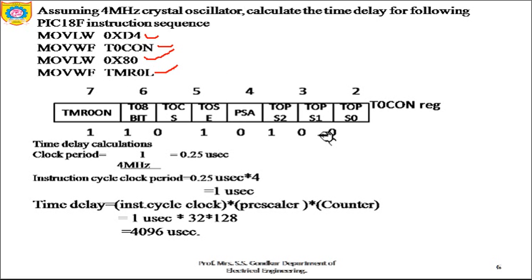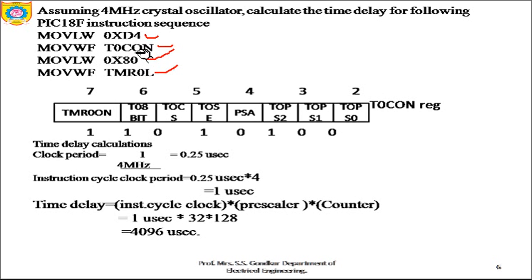For this we have to find out the delay. From the above program, we know what these instructions are going to do. MOVLW will move the literal value into the working register. So here W will be equal to 0xD4.